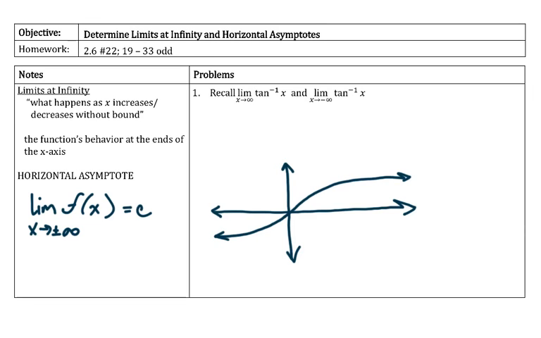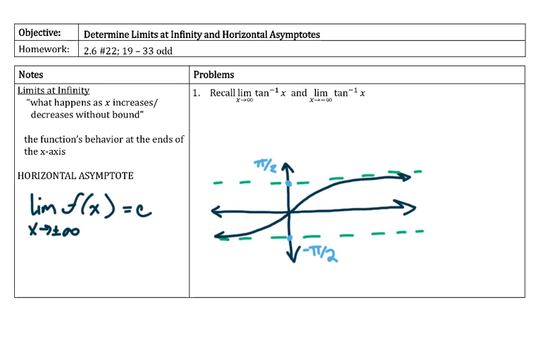It has two horizontal asymptotes, just as tangent has vertical asymptotes around this same point at the origin. These occur at the same places that the vertical asymptotes would occur for the graph of tangent, which is at positive pi over 2 and negative pi over 2.